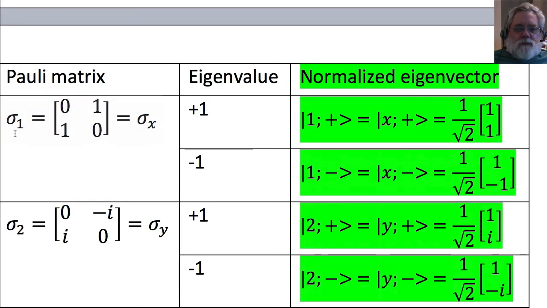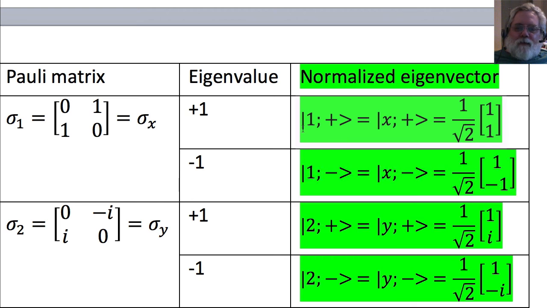For Pauli matrix sigma sub 1, which for spin 1/2 is sigma x, it has 2 eigenvalues, plus 1, minus 1, no surprise. I'm going to tell you that the normalized eigenvector for the plus 1 eigenvalue has this representation: 1 over square root of 2 times the column vector 1, 1 in our choice of basis.